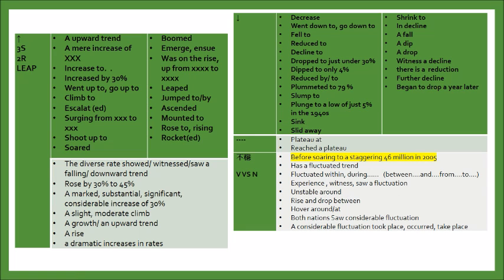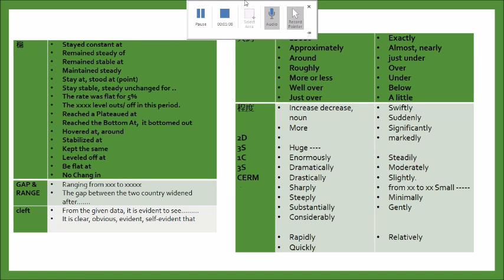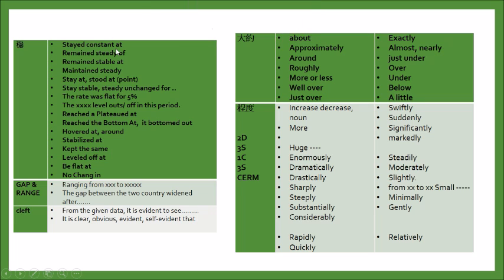But be careful that most of the time you have to use past tense because most of the data are in the past. Also, if something is really stable, you may say something stays constant at a particular point. And remember to quote the data. So here comes a lot of useful phrases.